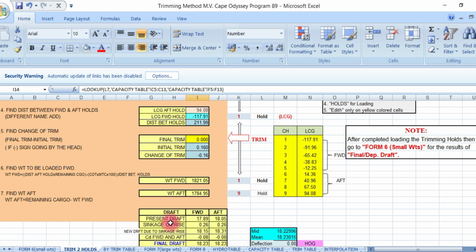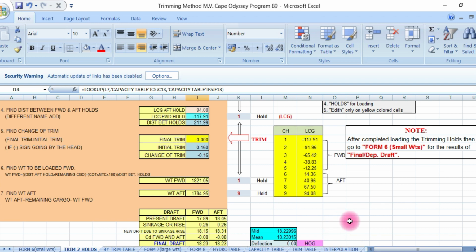Now, in my experience from Australia going to Japan, if you want to arrive even keel in Japan, you should have a trim of 20 centimeters or 0.20 meters. It is also the same with Korea.